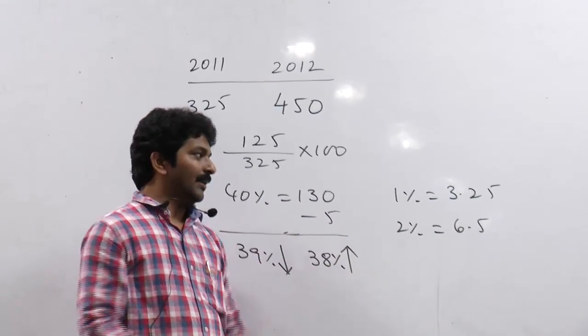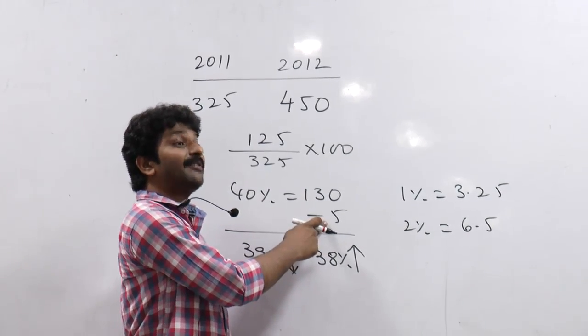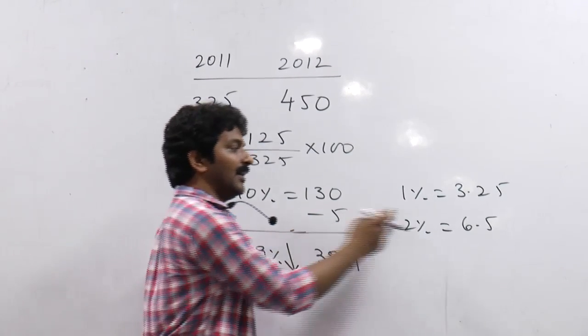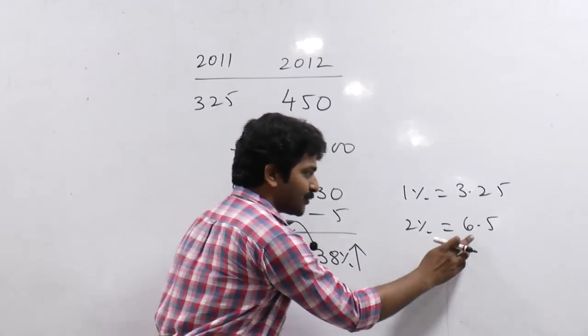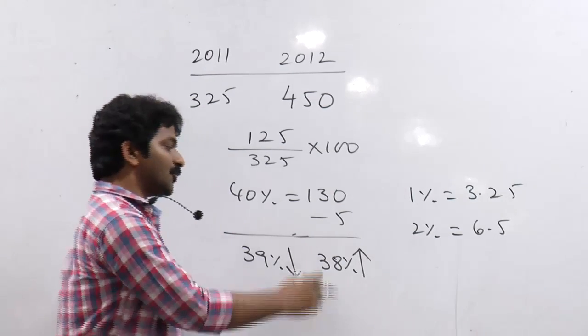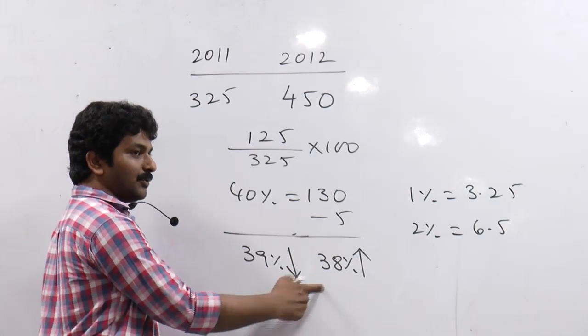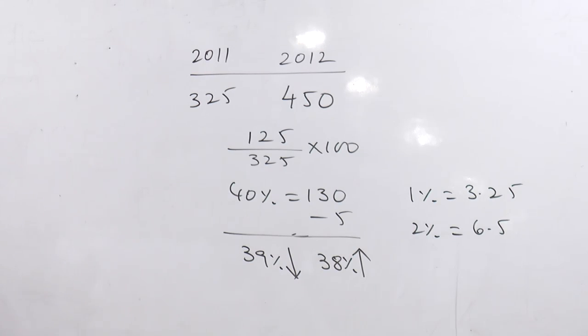Yes or no? What is the difference between 3.25 and 5? 1.75. And the difference between 6.5 and 5 is 1.5. So that is close to 2%. Yes or no? So close to 2% in the sense the answer should be close to 38%. 38%. Both are close to each other, right?